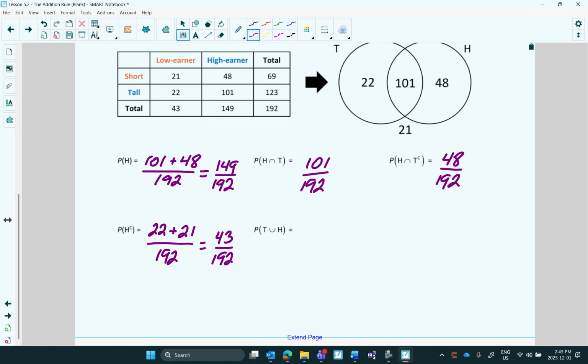And then tall or high earner, well, we can just add these three, if we're looking at the Venn diagram. Tall only, high earner only, tall and high earner, put all those together.